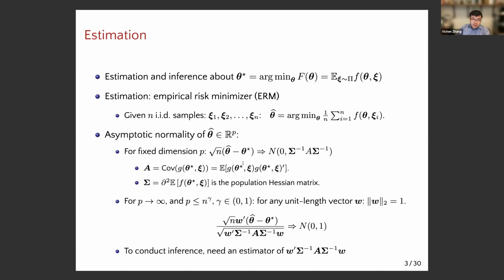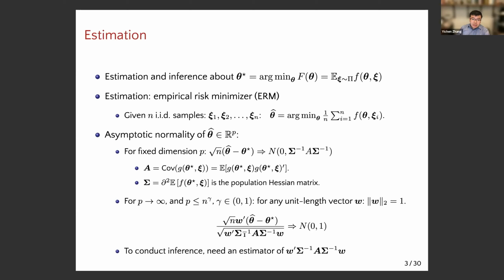When p goes to infinity, we have to write it in this way. We have to project onto a fixed dimension vector, in this case a unit length vector w. We can also extend to several vectors, but the number needs to be fixed. So the asymptotic normality will be written like that.